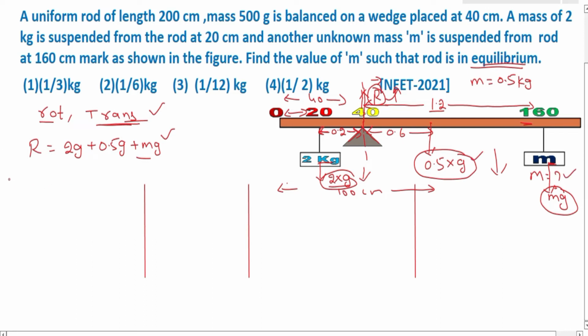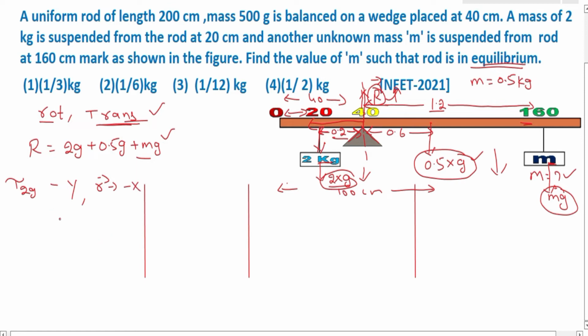First let us try to calculate the torque due to the 2g force. This 2g force is along the negative y direction. And r bar, which is the perpendicular distance from the axis to the force, is at a distance of 0.2 meters, and this r bar is along the direction of negative x-axis.